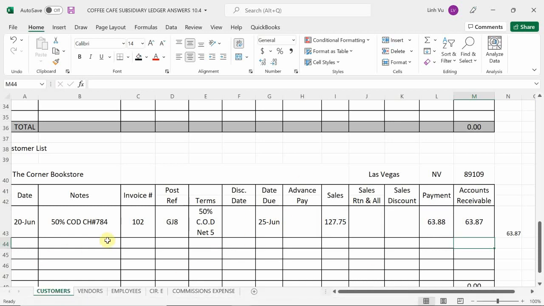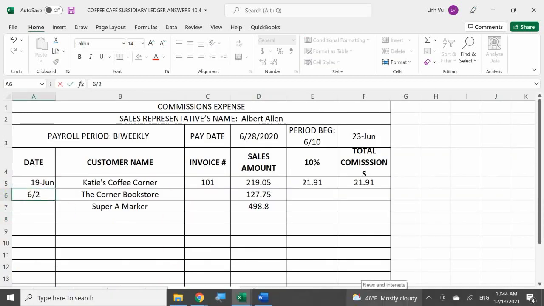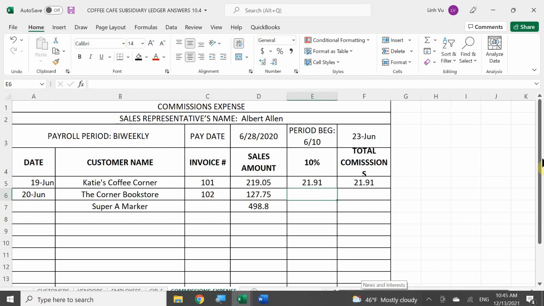We need to update and pay Albert, or at least calculate his earnings, right? Because he delivered stuff, so therefore he completed his sale. So in this case, what is going to be 10% of invoice number 102? 12.76.